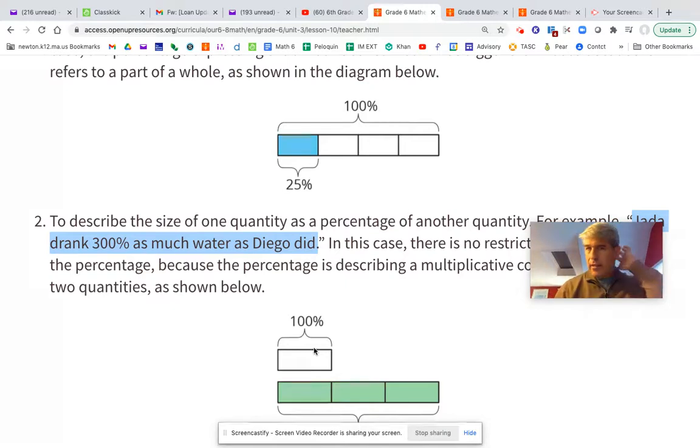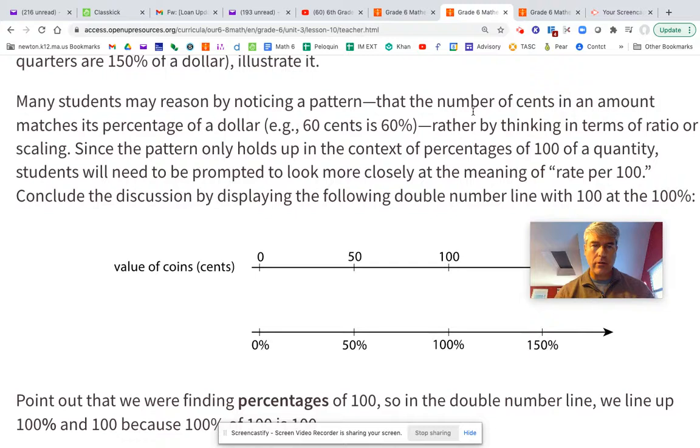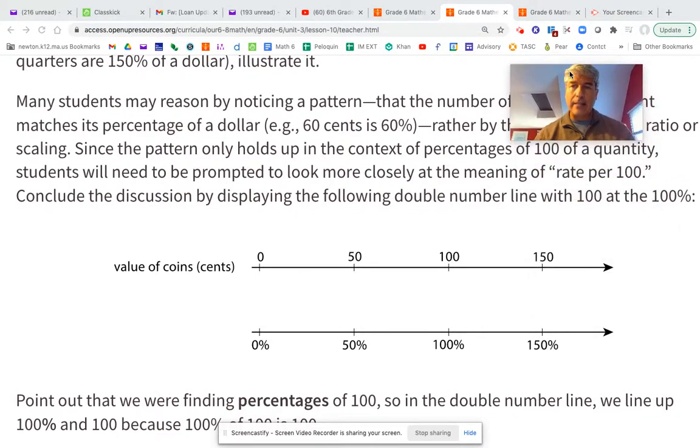So that's the key thing for our learning from last week that you want to carry forward into this coming week. I want to just share with you that we used as an example a double number line. We also used coins for an example. So if we had 100 coins, we would say that that represents 100%, because it's per 100.